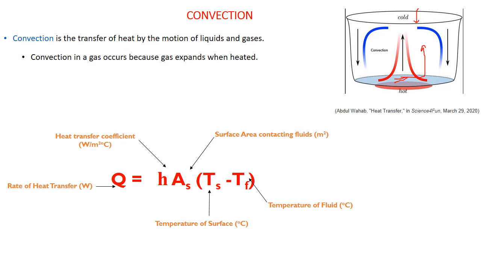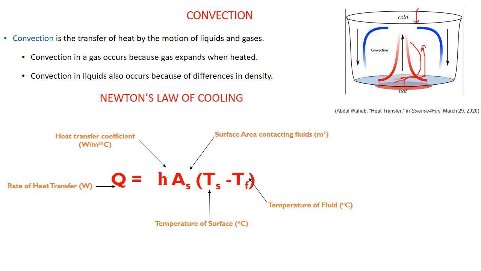So the water at the bottom will transfer the heat continuously. How is it transferred from the hot layer to the cold layer? Because of convection heat transfer. So it majorly occurs in liquids and gases. And the main equation for convection heat transfer is called Newton's law of cooling.